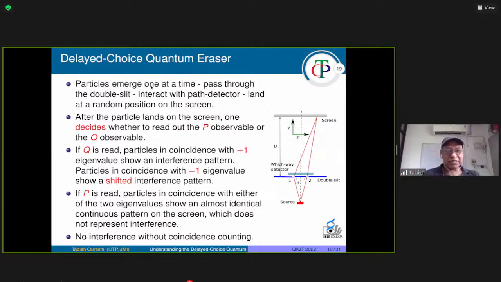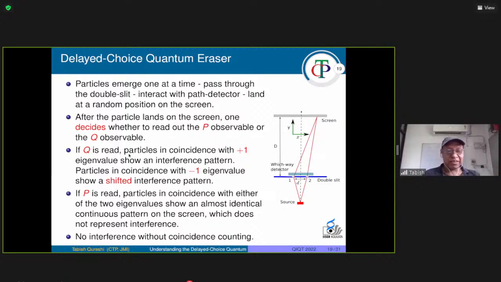The particles emerge one at a time. They pass through this double slit, interact in the process with this which-way detector, and then land at some random position on the screen. After the particle lands on the screen, one decides later whether to read out the P observable or the Q observable.